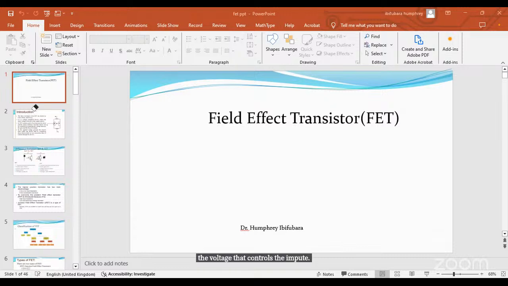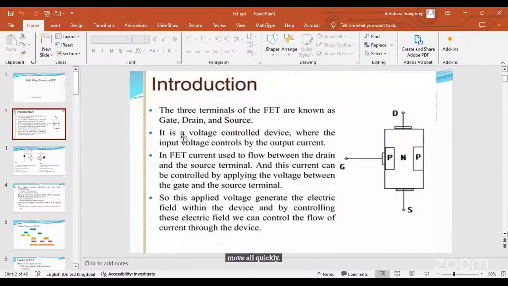So let's move on quickly. Like in BJT, we have 3 terminals as well. We have emitter, base, and collector.